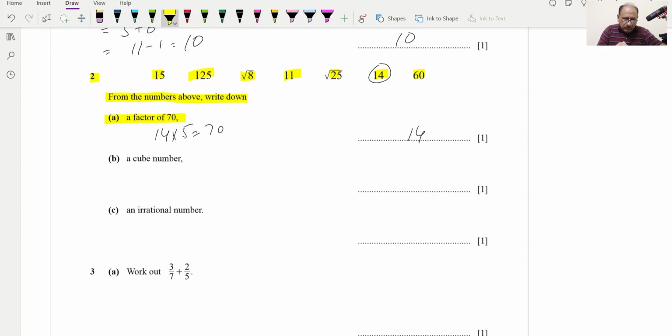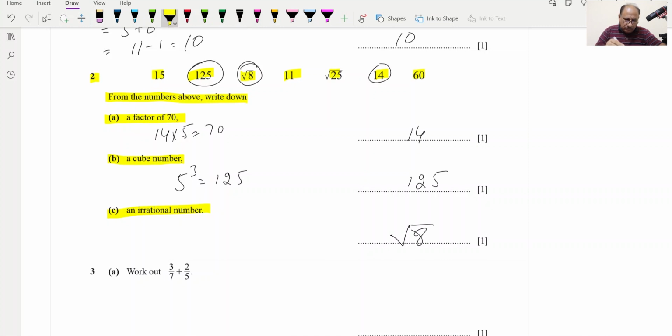Then a cube number, like 125 is basically 5 cubed, and this is equal to 125, so we can write 125, which is the given number. An irrational number, part C, an irrational number is a number in the form of under root, which cannot be written in the form of p over q, so under root 8.